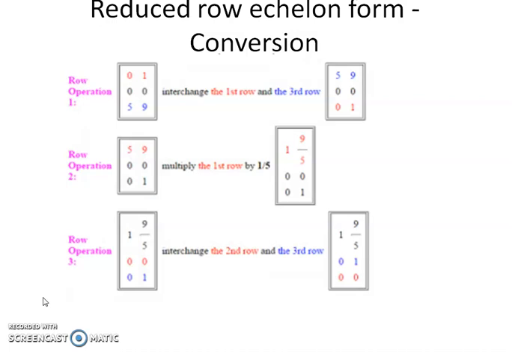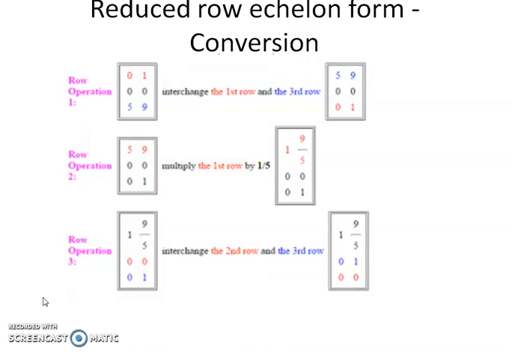Reduced row echelon form is where you have a pivot column in which the other entries in that pivot column are 0 and the pivot entry is 1. So in that column only 1 will be there, the rest of the values will be 0.